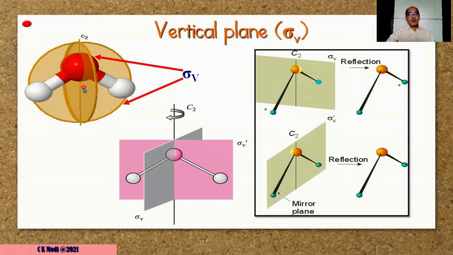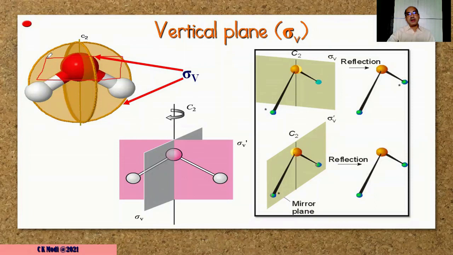In the water molecule, is there any sigma H plane? Is sigma H present? So what is the condition of sigma H? Horizontal plane. It passes through the center of that molecule and divides it into two parts. And the second condition for the mirror plane is that it is perpendicular to the rotation axis. So when would it be perpendicular?